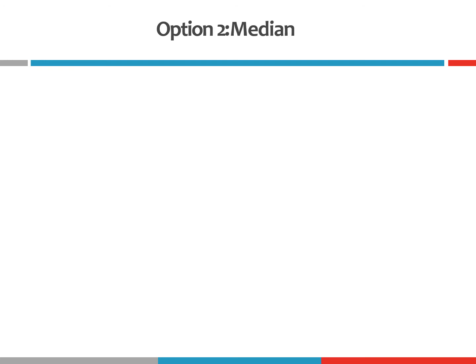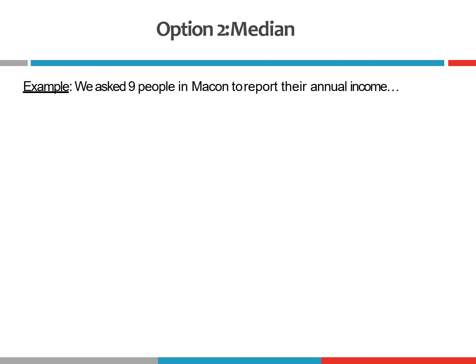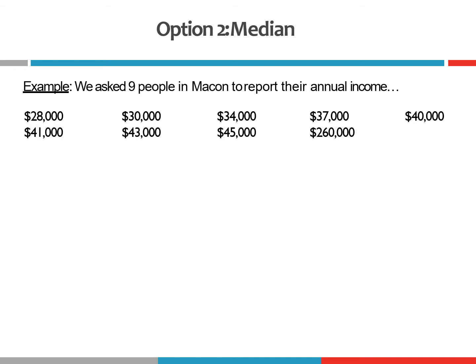So for example, let's say that we are interested in reporting the annual income of people in Macon, or we're attempting to find the average income of individuals living in Macon. So we collect a sample from 9 individuals who report their annual income, and these are the scores that we come up with.